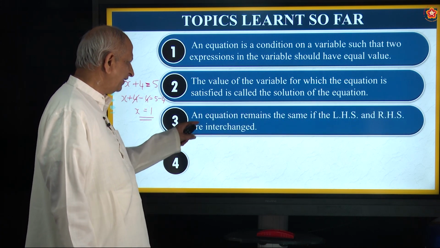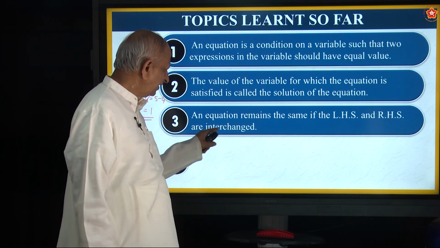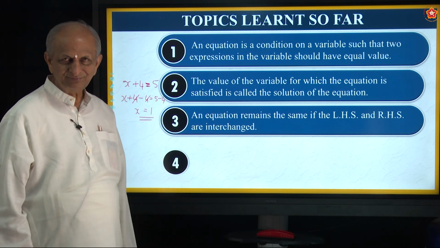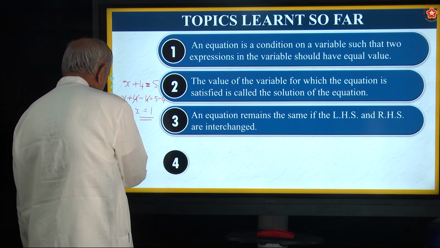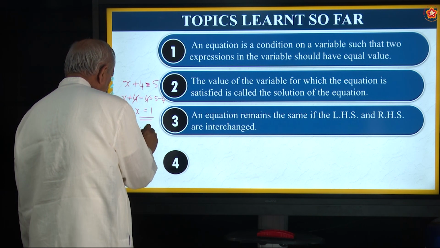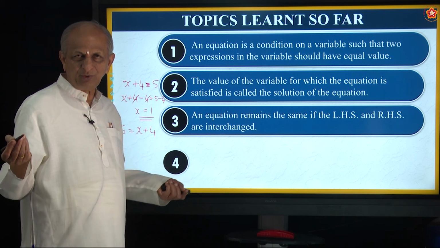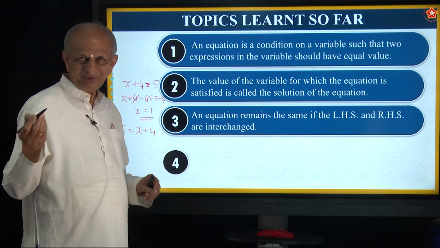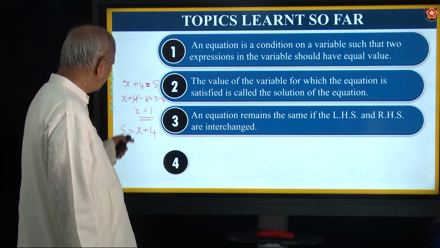An equation remains the same if the left hand side and right hand side are interchanged. So, suppose you change like this, 5 is equal to x plus 4, then also equation holds good, there is no change, that is the meaning of that, okay. Interchange means what?